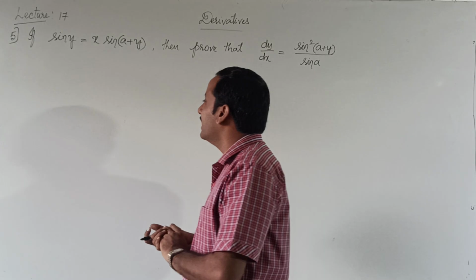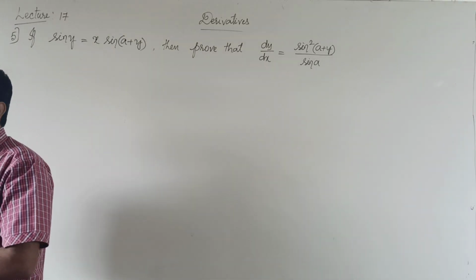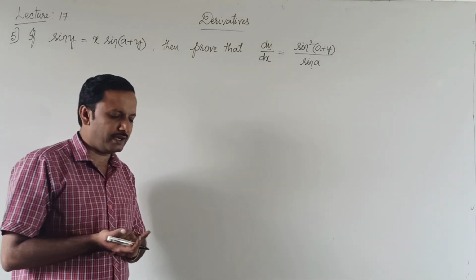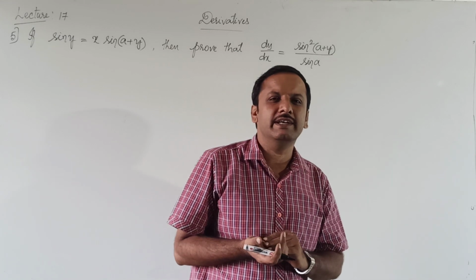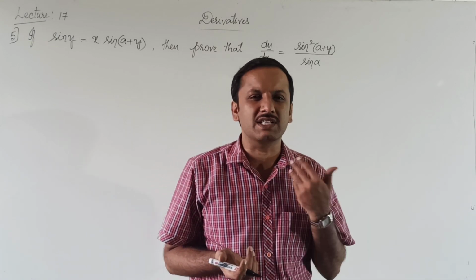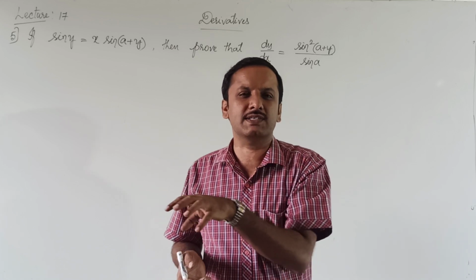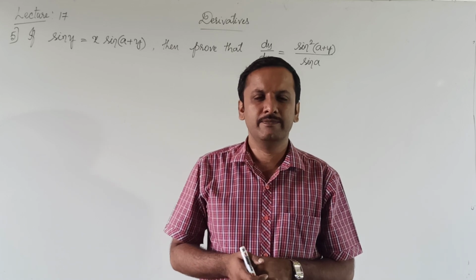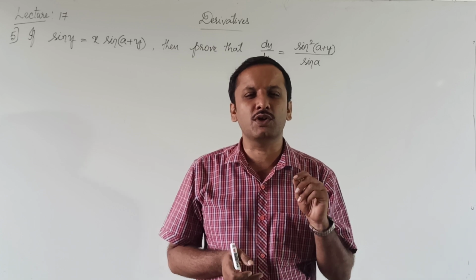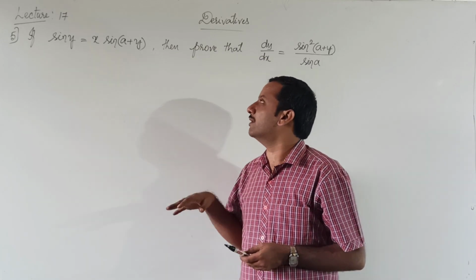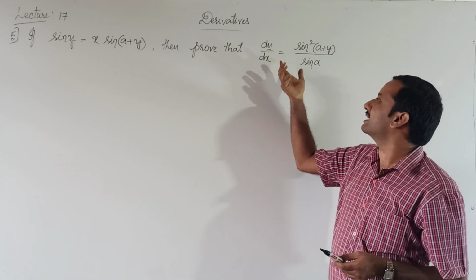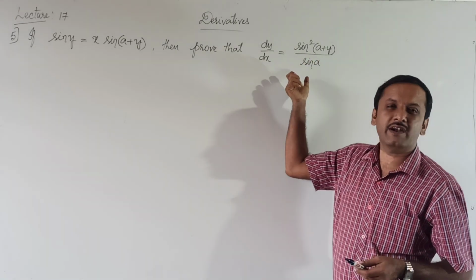a. Well, see, in the previous problem I told you that we wanted the derivative dy by dx in terms of x only. So what did we do? We wrote y as an explicit function of x, then we differentiated it and got the answer dy by dx in terms of x only. But in this problem, we want dy by dx as sin square a plus y divided by sin a.